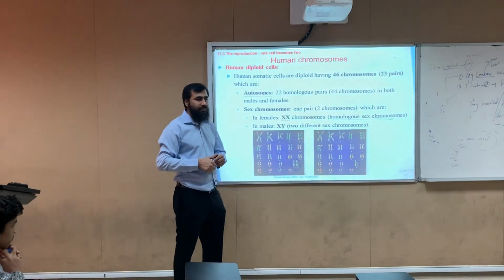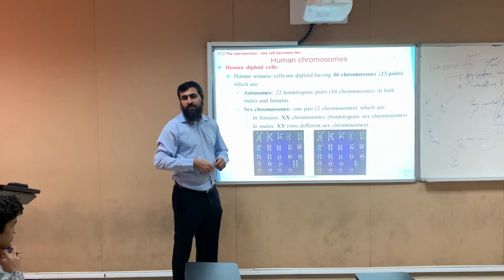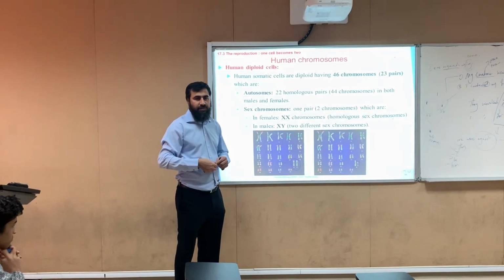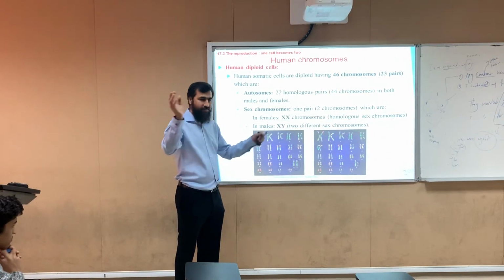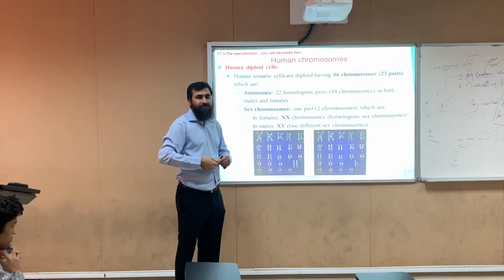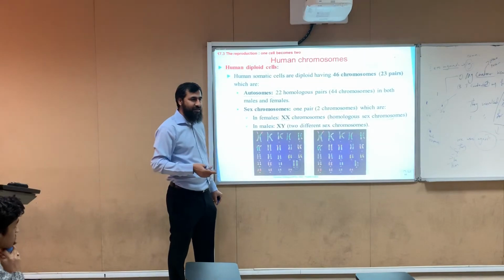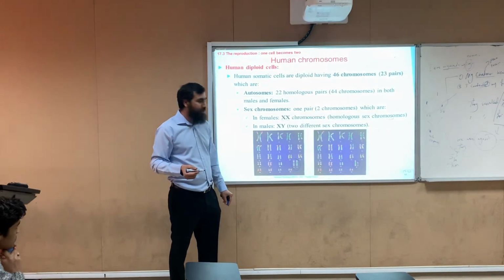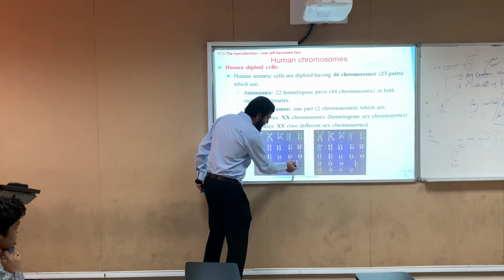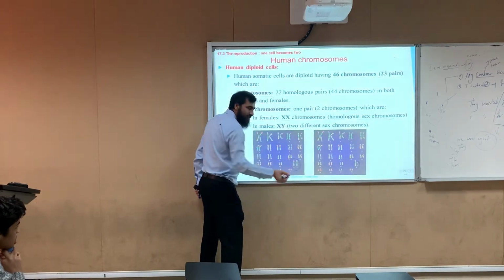In the past, before genetics, people thought that the female determined the sex of the child, and they used to kill them or whatever. But we know now, with modern genetics, that the male actually determines the gender, because the female can only give X.